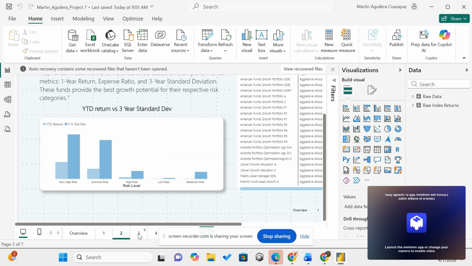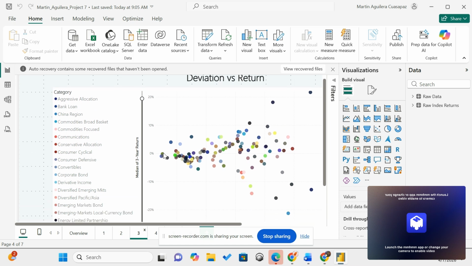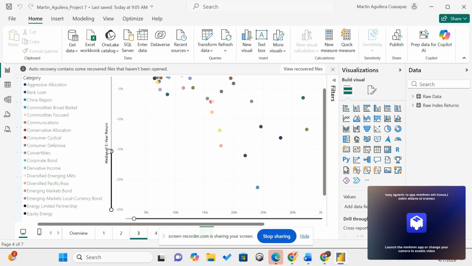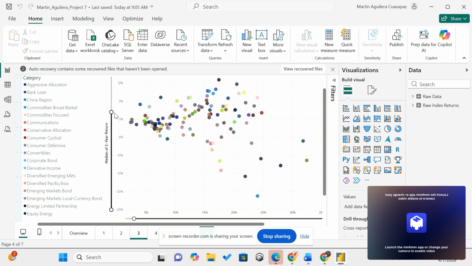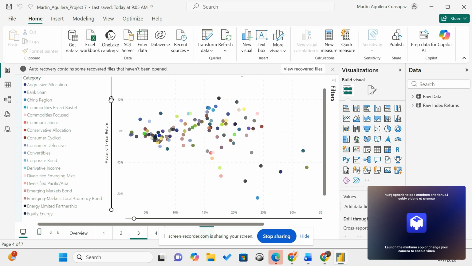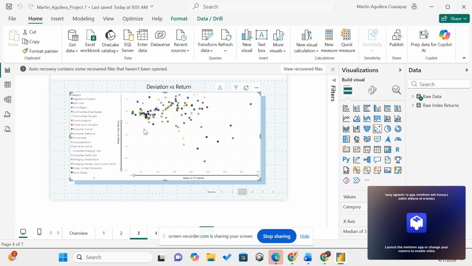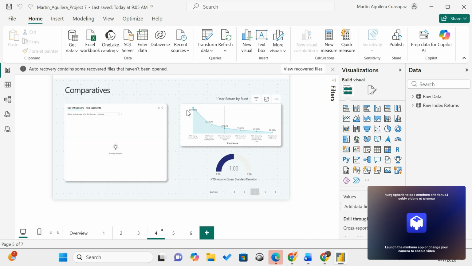Next, in deviation versus return, we have all the categories and how they move over time, in the 3 year return. This is the deviation versus the return, the comparatives.